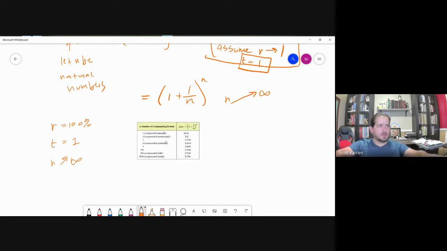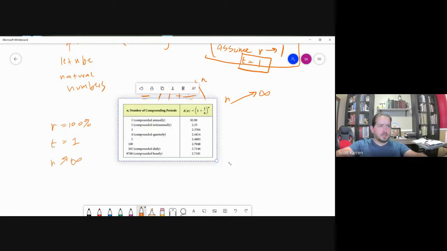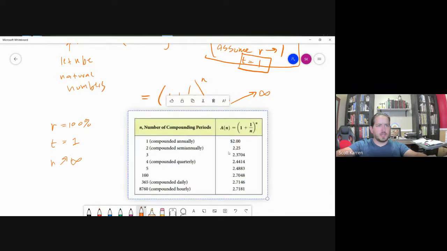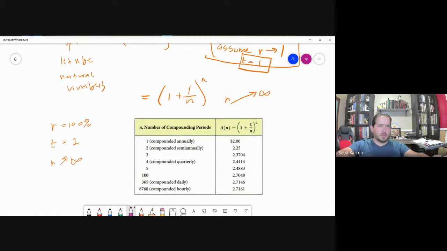And so let me throw this picture up here. They've done these calculations. Let's say we threw $1 into an account that earned 100%. We threw it in for one compounding period, a year. After that first year, we ended up doubling our money, which makes sense because we had a 100% annual interest rate, right?